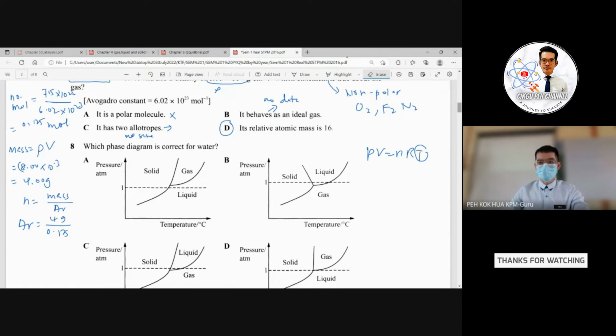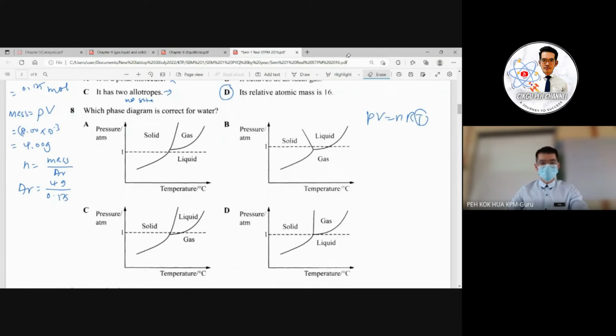Okay, so number 8. Which phase diagram is correct for water? Okay, so at atmospheric pressure, which is 1 atmosphere, the water can exist in 3 phases. So that means the 1 atmosphere must be above the triple point.